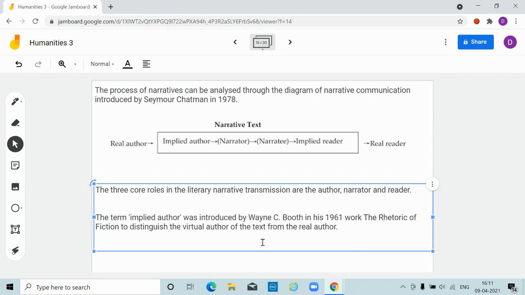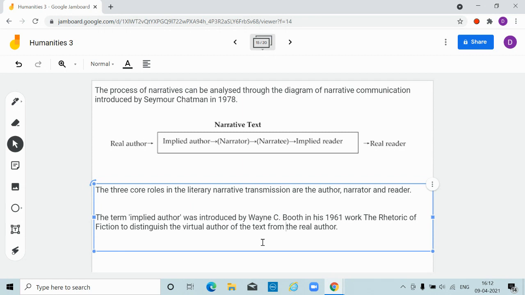That is, when an author writes a work and it is finished and reaches the reader, and the reader is reading that literary work, the reader might have certain notions or ideas about the author, and that idea will be very different from the actual person who has written the work.